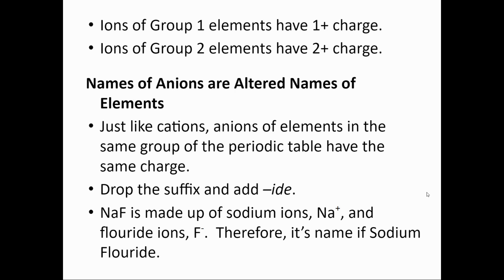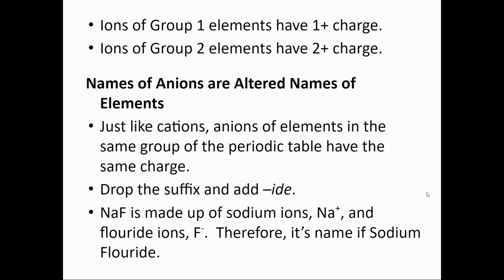And names of anions are altered names of elements. The cations are typically the name of the atom on the periodic table. Sodium is going to be sodium, whether it's an ion or not. Anions could change. Just like cations, anions of elements in the same group of the periodic table have the same charge. Typically with anions, we drop the suffix and add IDE.